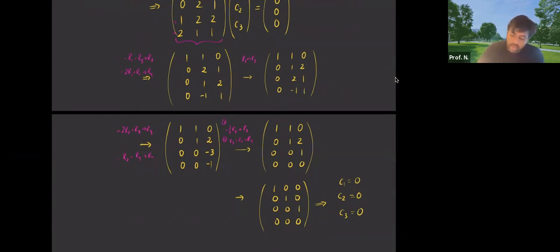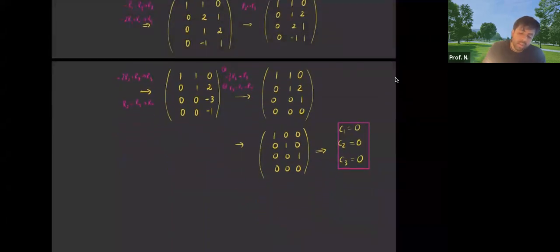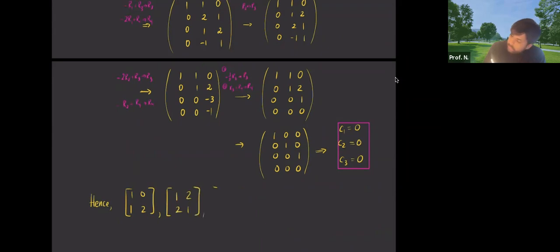If it must be 0, and those are the only values that C1, C2, C3 can be, then the result is what? Then we say, hence, the matrices that we originally started with, 1, 0, 1, 2, 1, 2, 2, 1, and 0, 2, 1, 1 are linearly independent in M22.